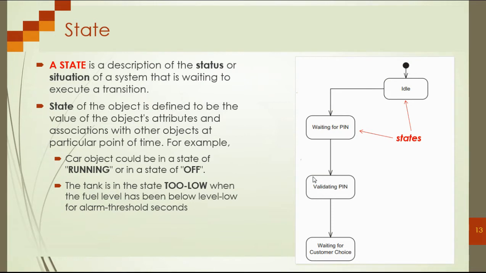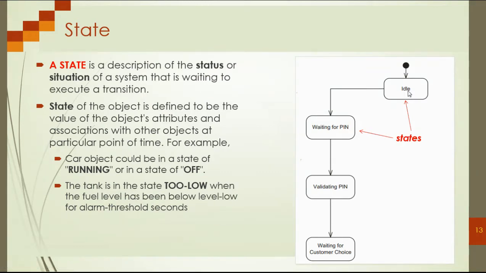As I mentioned, the state is the main or the central element of the statechart, and the state describes the situation or the status of the system at certain times. As the figure shows here, this figure is for an ATM machine.